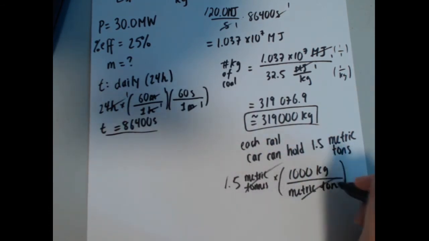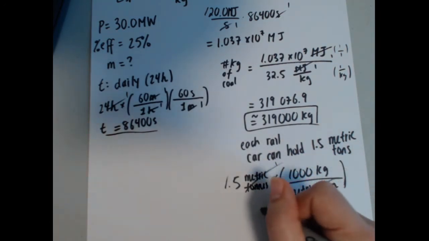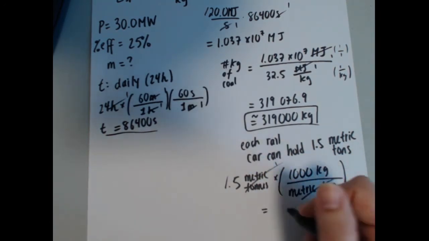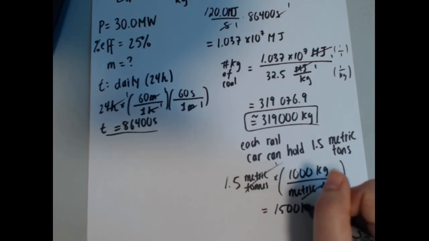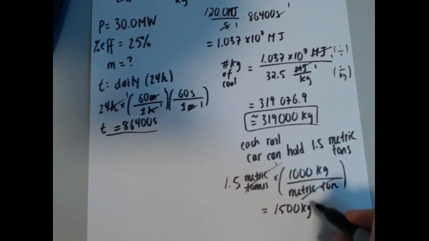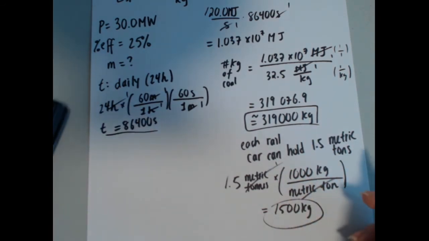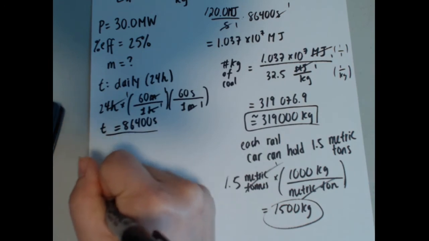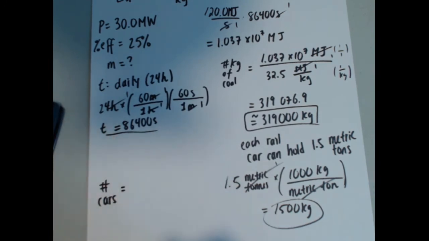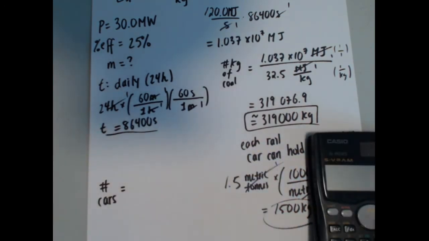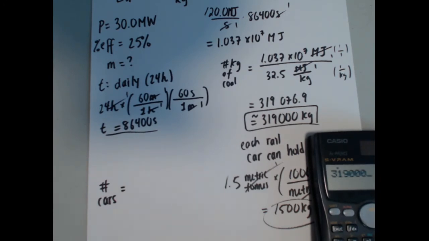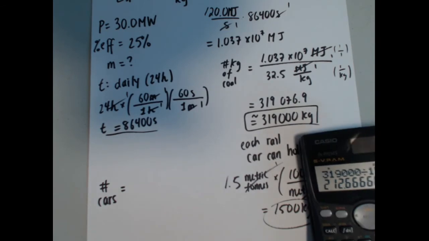Okay, so these cancel and you're left with kilograms. You can do that math in your head. 1.5 times 1,000, that's 1,500 kilograms. So each rail car can hold 1,500 kilograms of coal, and we need 319,000 kilograms in total. So the number of cars is going to be the total mass that you have, which is 319,000, divided by how much each car can hold, which is 1,500.